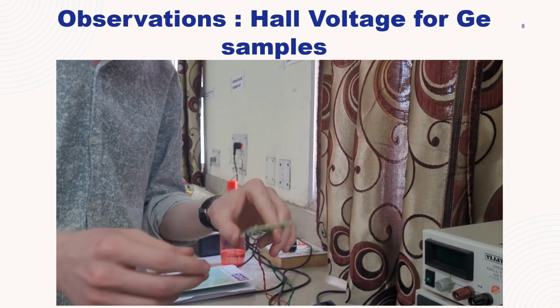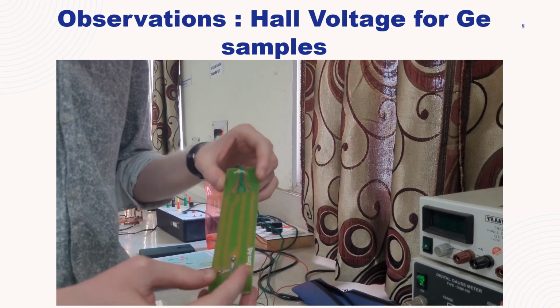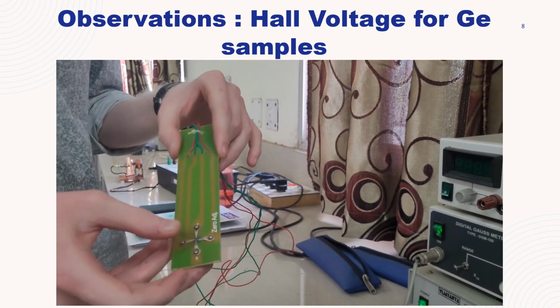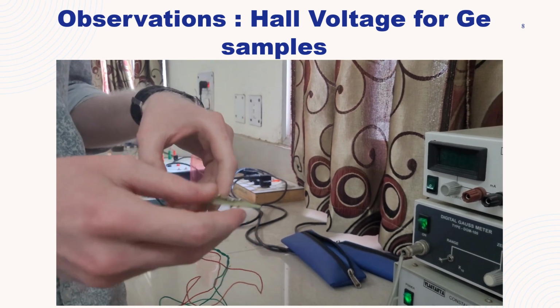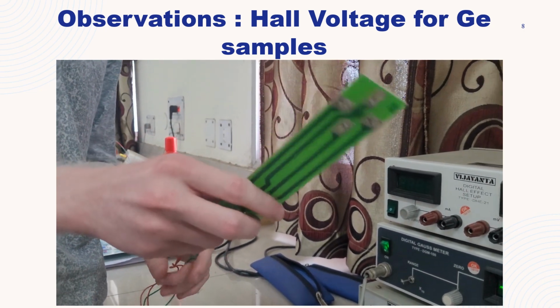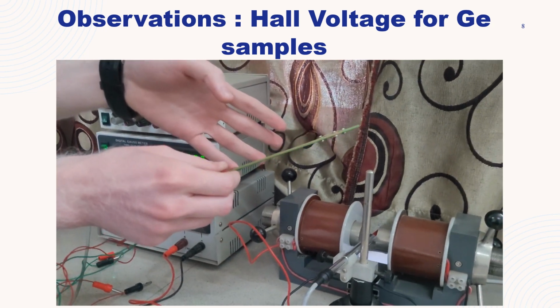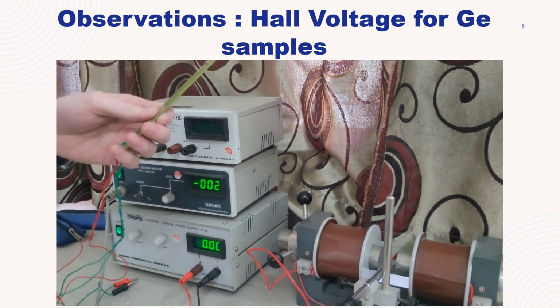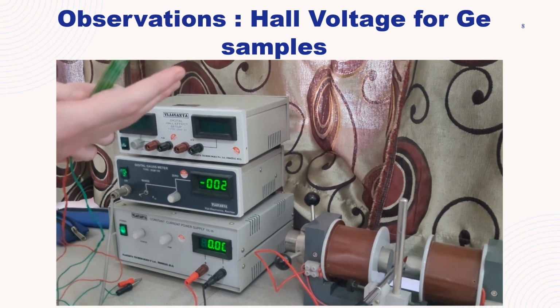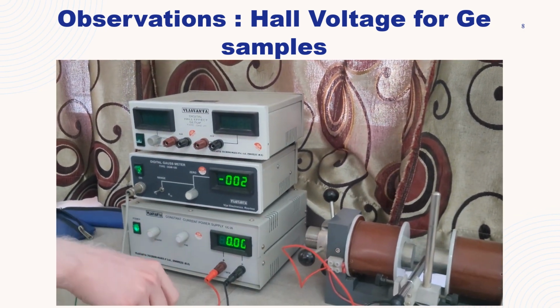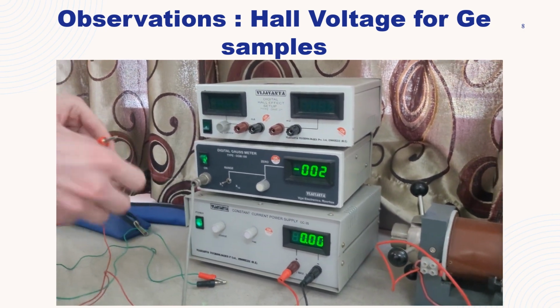which has four terminals. The widthwise terminals are to be connected with the voltmeter, and the lengthwise terminals are to be connected with the ammeter, and then we'll place this Hall probe inside this magnetic field to find out a variation of the Hall voltage with respect to current. So I'm going to connect these terminals.